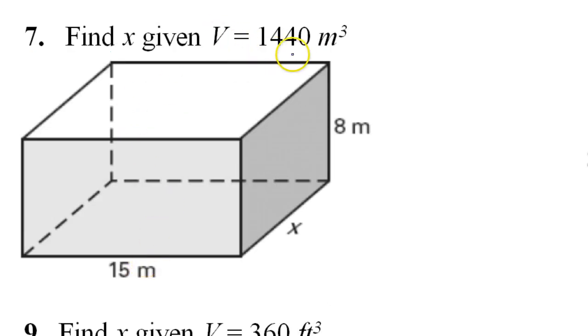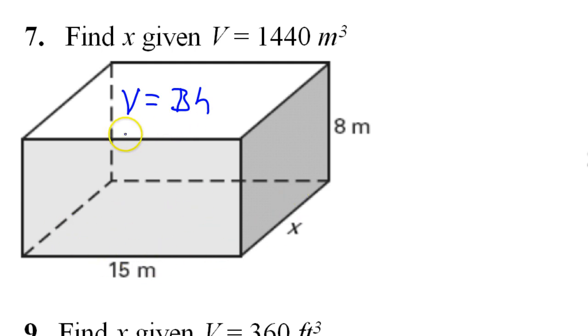Alright, now we're given the volume in number 7, and we're being asked to find this x down here. This is a rectangular prism, so we know that the volume is the area of the base times the height. Now the base is this rectangle down here.